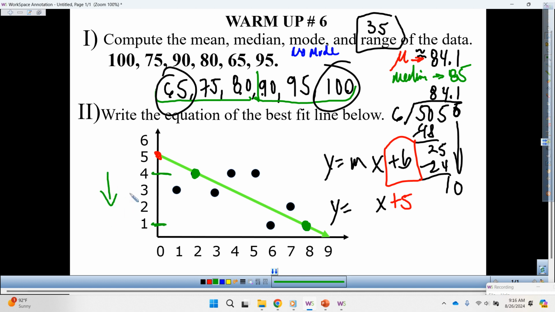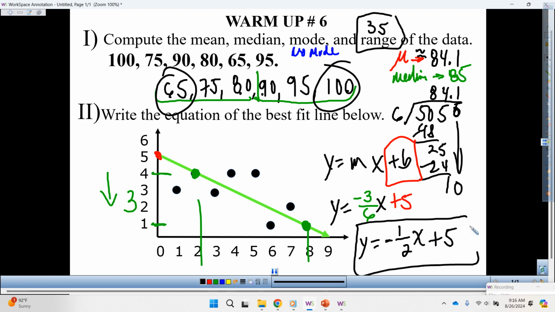So it's going downward 3 steps. So this is -3. And then from here to here, that's 6 steps. Therefore, if we simplify that, we got y equals -1/2 x plus 5. Hands if you got something like that.